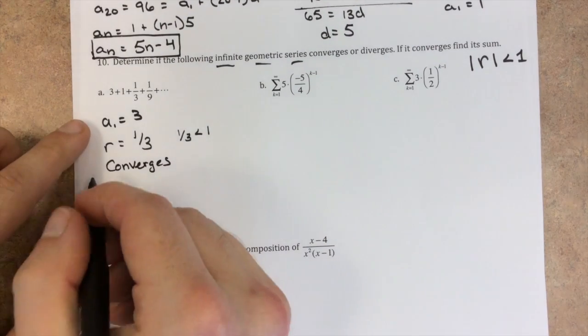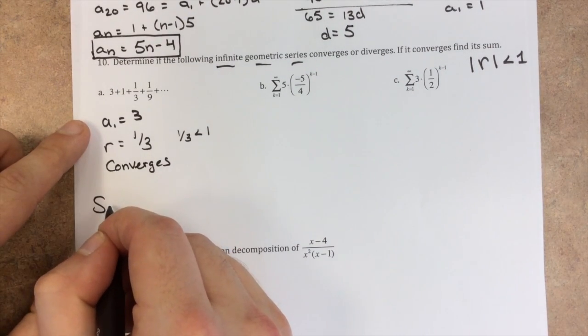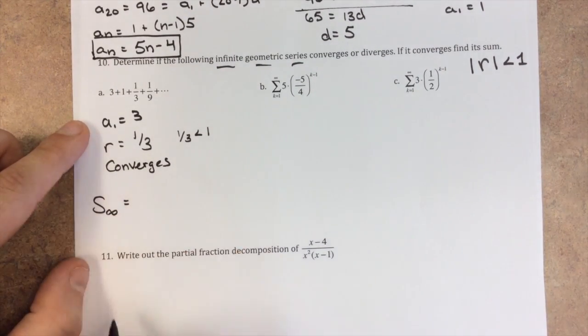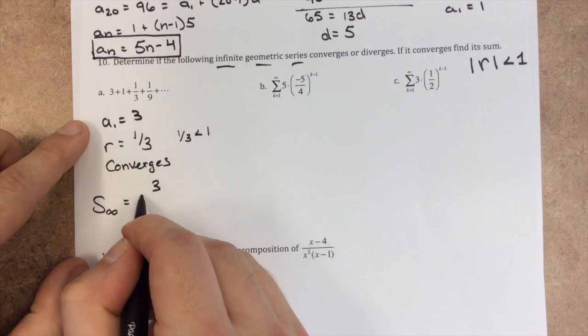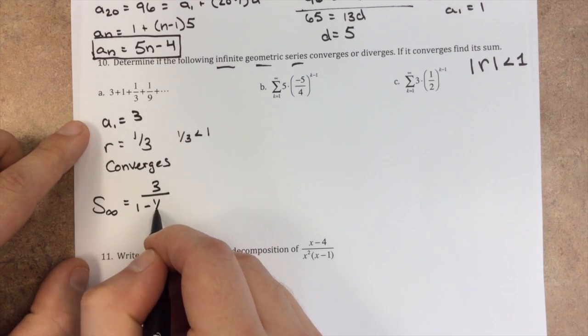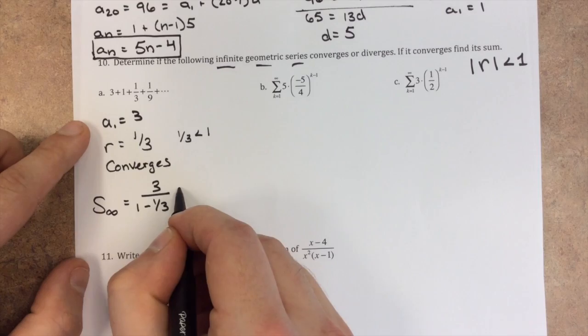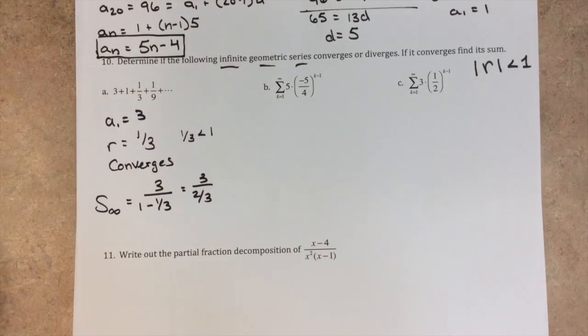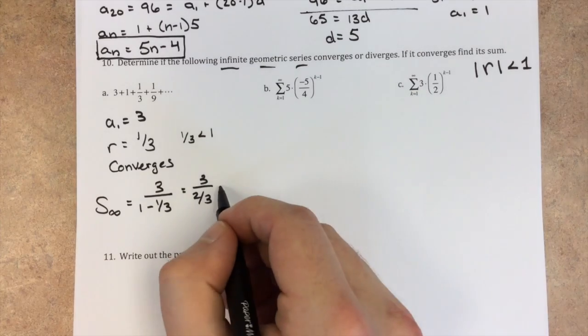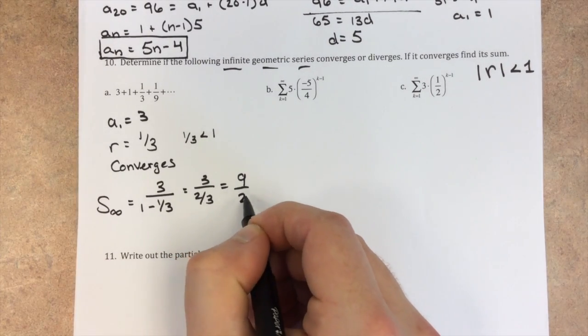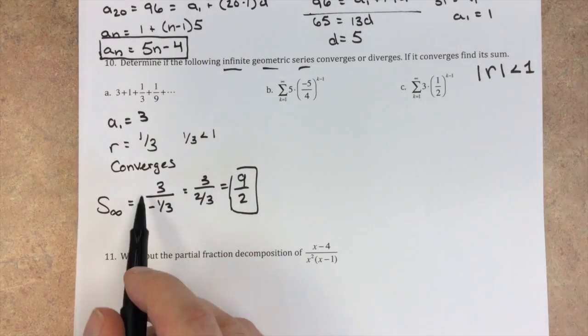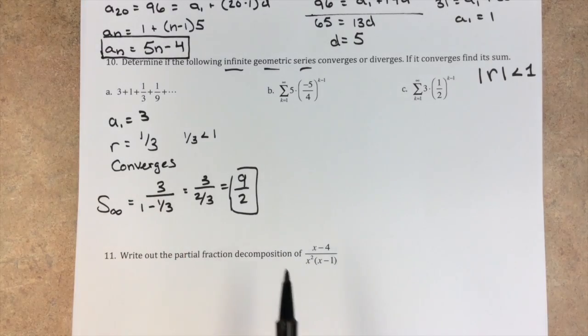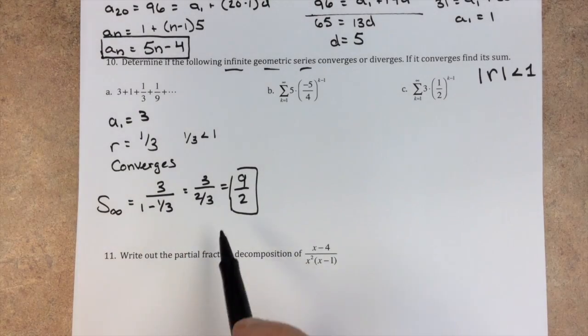Okay. How do we find the sum? Well, our sum of our infinite series is the first term over 1 minus r. So this is 3 over 2/3, which is 9/2. So if I add up all of these terms, it's getting closer and closer to 9/2.